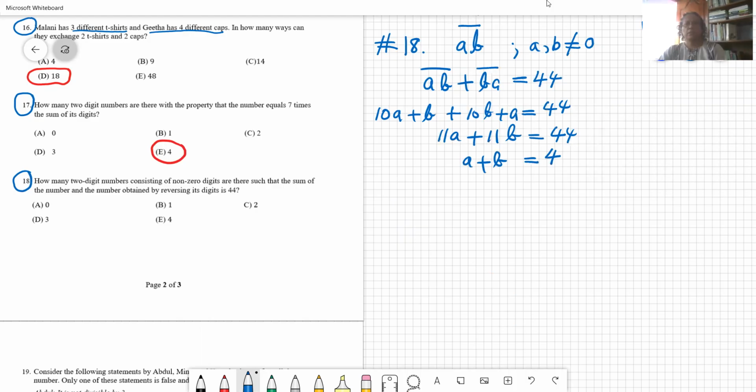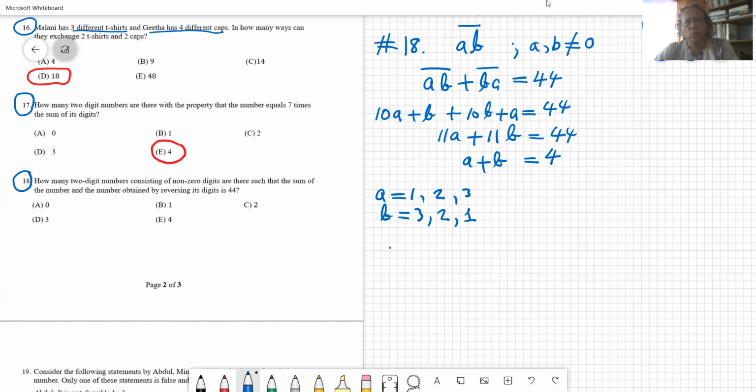So now let's give values for A. So A could be 1, right? So in that case, B is equal to 3, right? And A could be 2. In that case, B is 2. And A could be 3. In that case, B is 1. And these are the only possibilities, right?